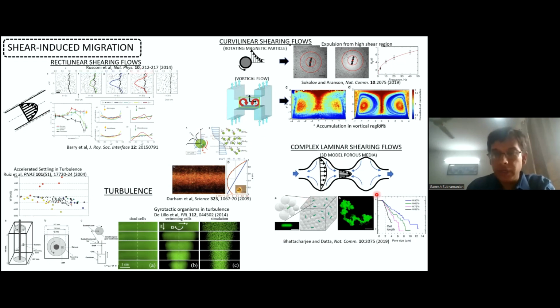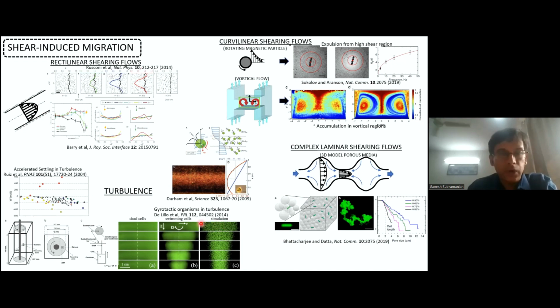And more recently, you've had complex laminar flows. People are starting to look at the pore residence time distributions of swimmers in both natural and model porous media. And of course, you have swimmers in turbulence, which was the topic of the previous speaker. And here I'm showing just one experiment cum simulation, which shows the patchy distribution of gyrotactic organisms in turbulence.